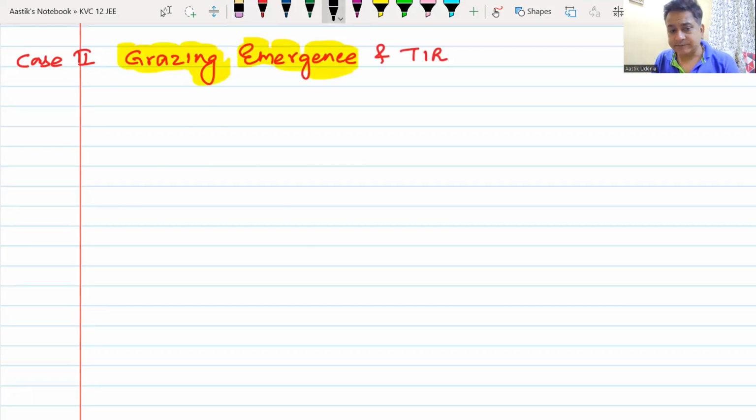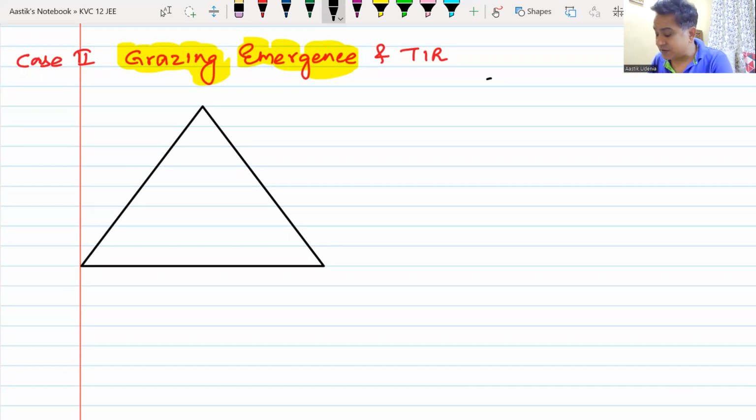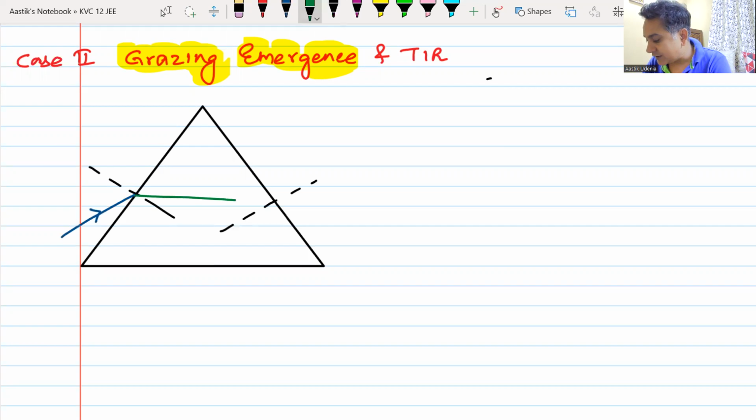Grazing emergence means, if I just draw this normal here, and let us say this is my incident ray, this is my refracted ray. I'm just drawing a general diagram. And we have an emergent ray.